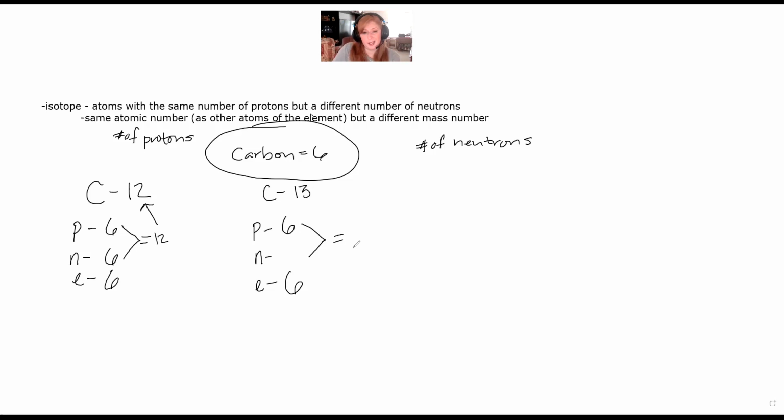Well, no, our mass number is actually 13. So how do we figure out how many neutrons there are? If we want to do some simple math, 13 minus 6 is equal to 7. Therefore, there are 7 neutrons because 6 plus 7 is 13 to get carbon 13.